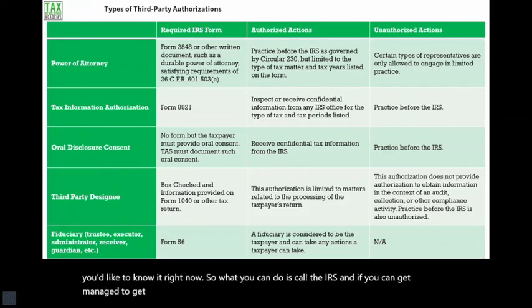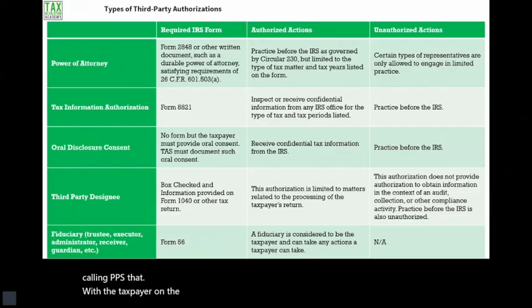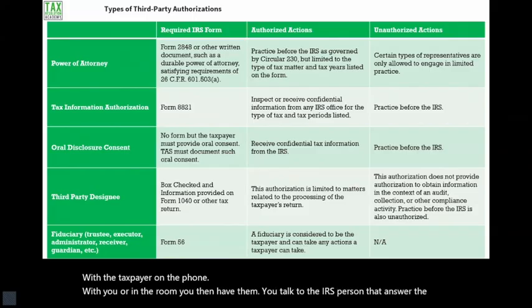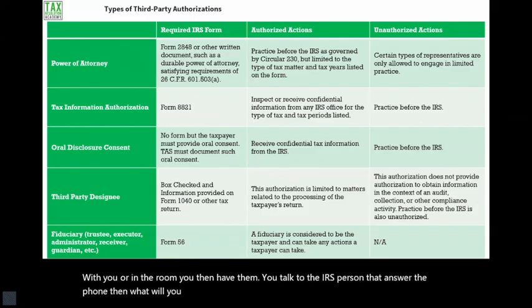If you can manage to get through quickly, whether it's talking to, say, ACS, calling the 800 1040 line, or calling PPS, with the taxpayer on the phone with you or in the room, you talk to the IRS person that answered the phone. You tell them the whole facts and circumstances, that you don't have power of attorney just yet, and that you have the taxpayer with you.